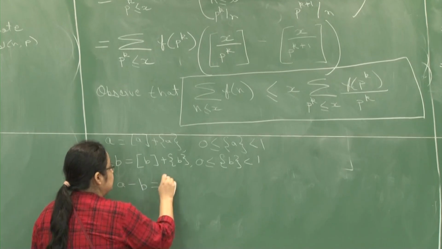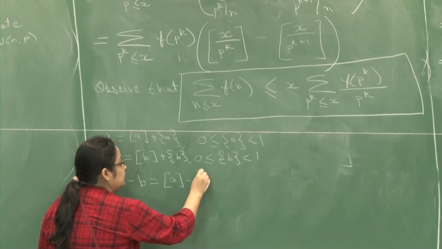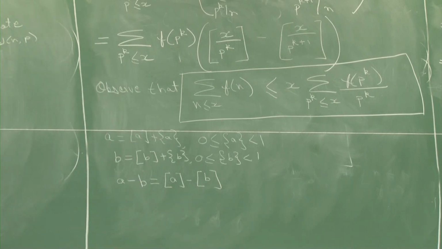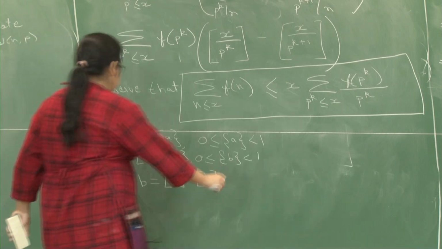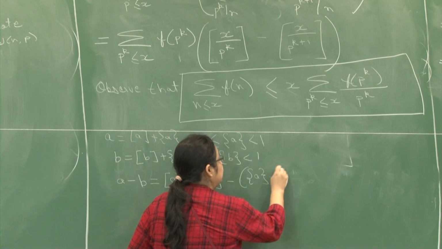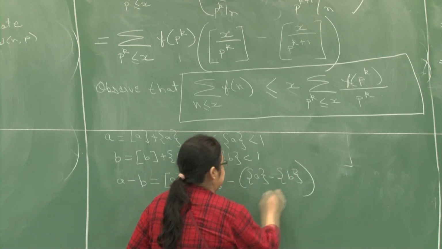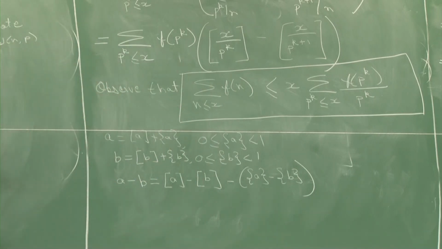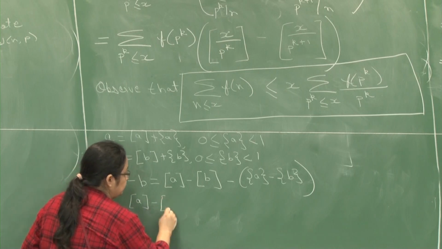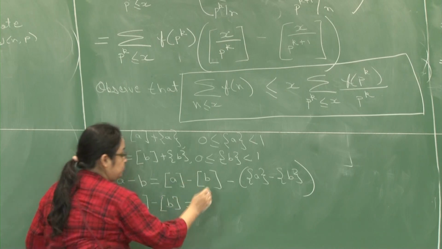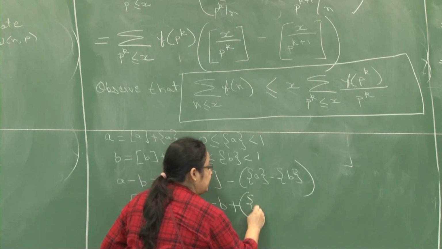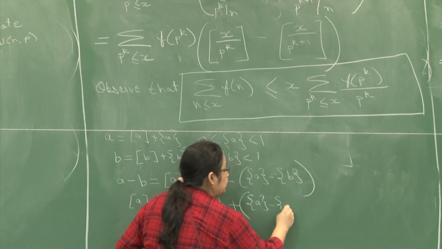So a minus b is the difference of their greatest integers plus the fractional part of a minus the fractional part of b. So, in other words, box A minus box B is equal to A minus B plus the corresponding differences of their fractional parts.